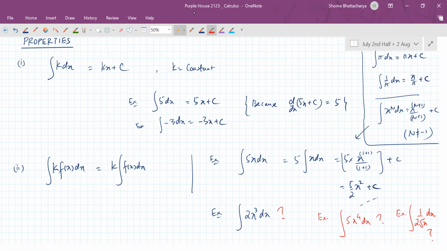This is just systematically applying the properties and of course the fundamental formula that we have for x to the power n. Okay, just send me the answers once you work out these three examples after noting down these two properties, of course.